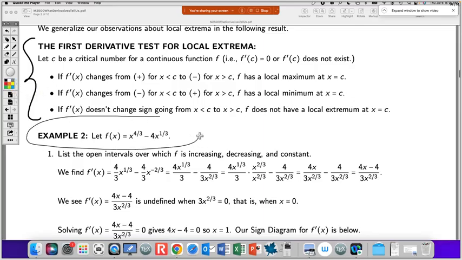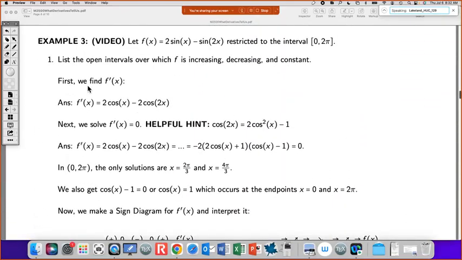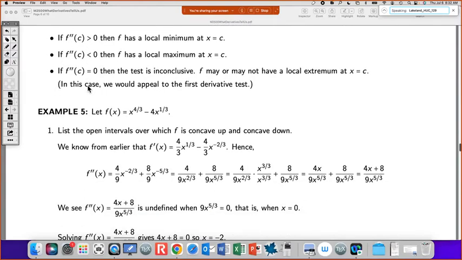example 2 is the first derivative analysis for this function. So this is example 2 and example 5.